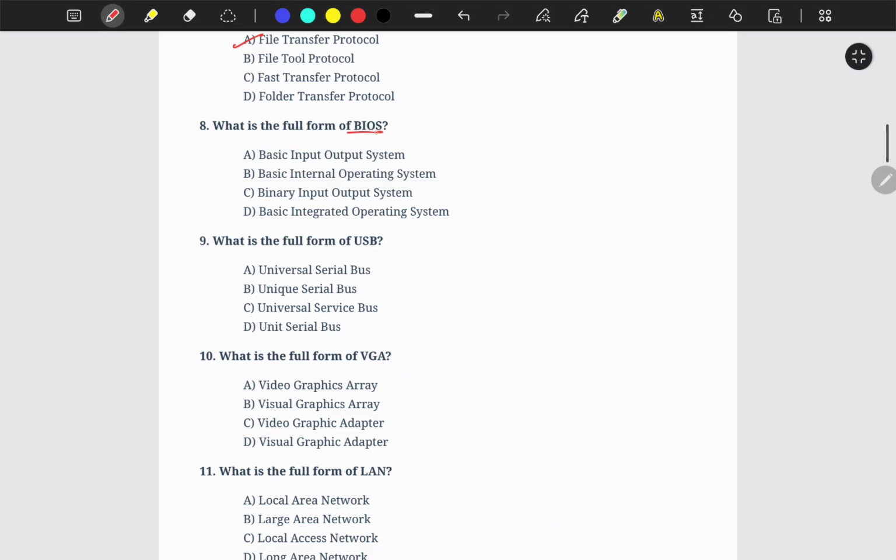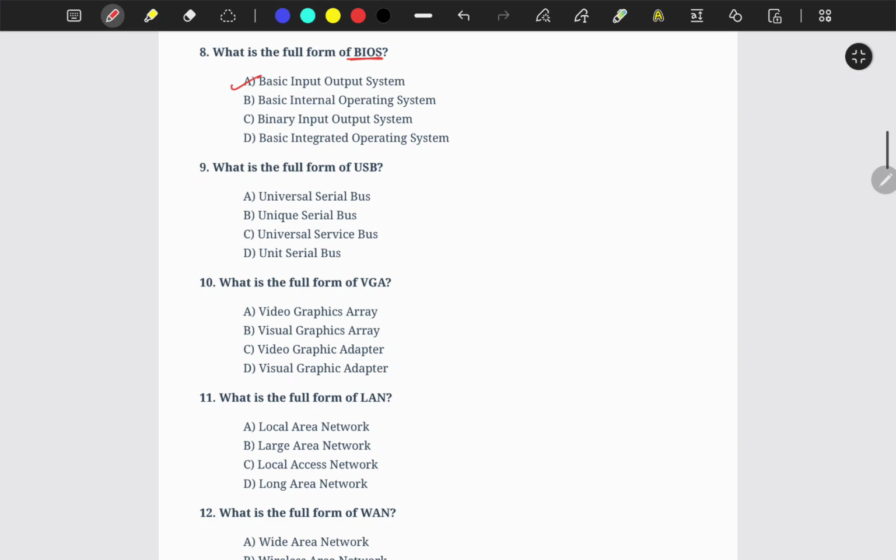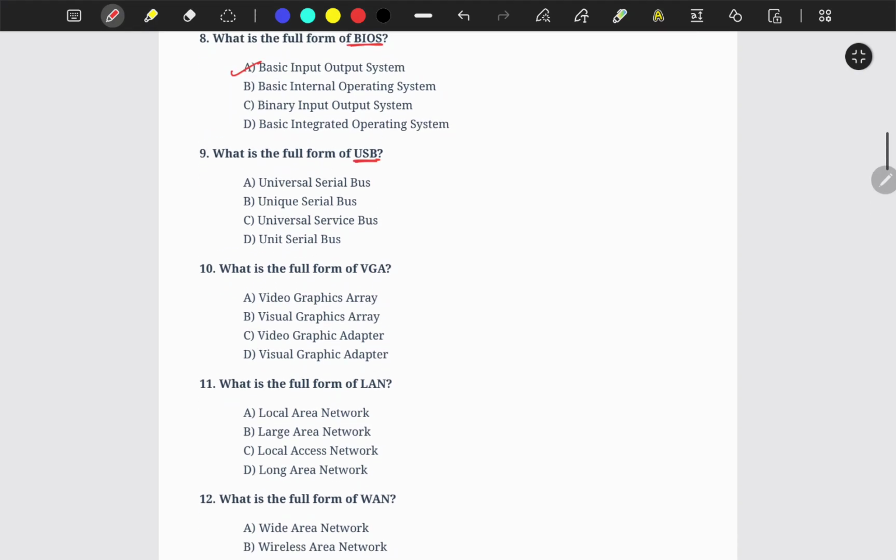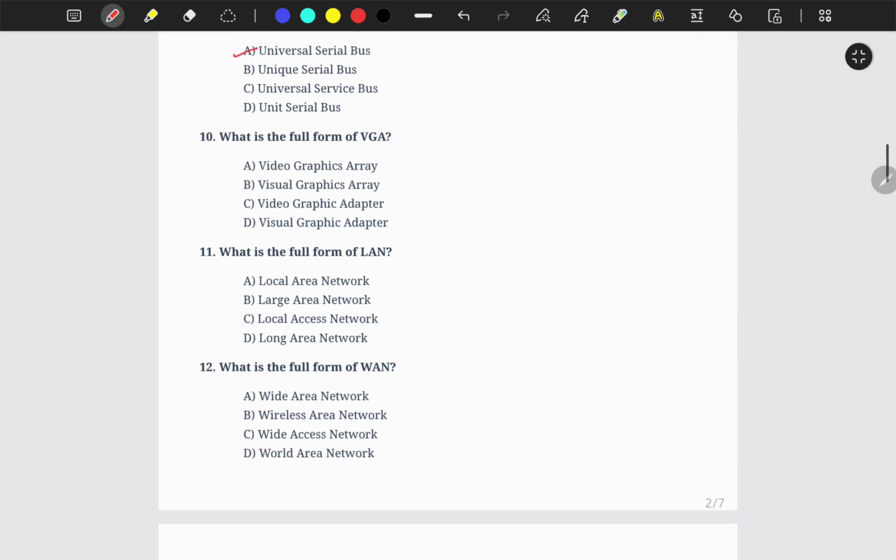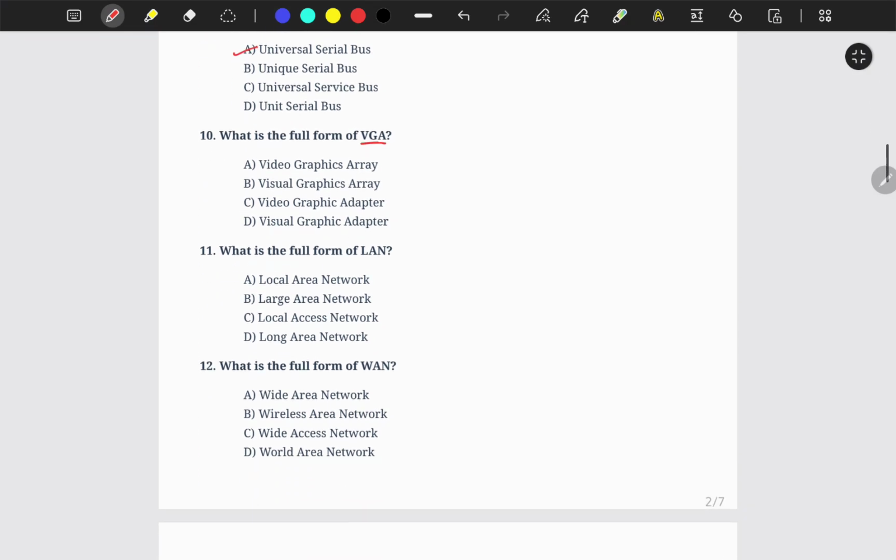Full form of BIOS, it is Basic Input Output System. Full form of USB, everyone should be knowing this, right? This is Universal Serial Bus. What is the full form of VGA? Take your time.